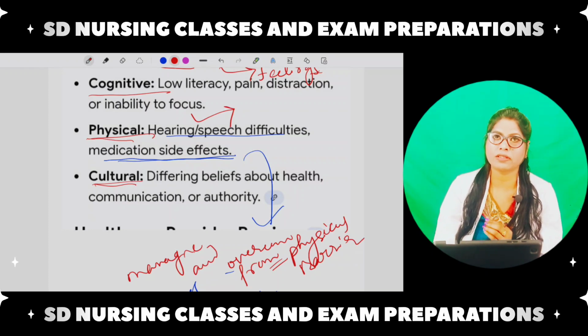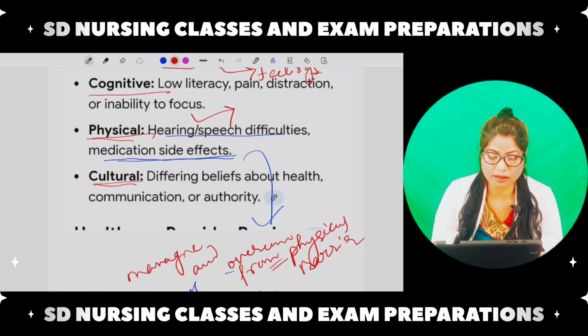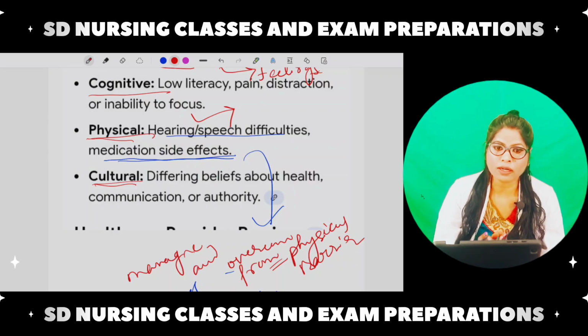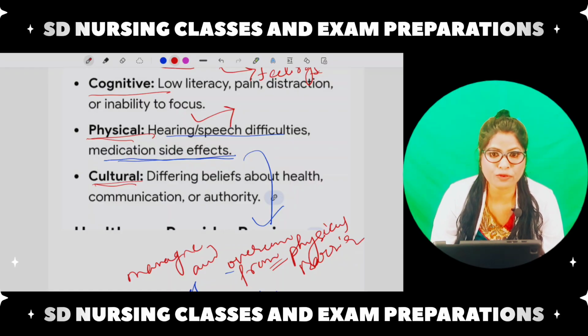First we have to make him understand that, see, whatever you are believing, now you are a patient, you have to take medications properly, then only you will be cured and go to your home. So you should not do like this. If you do not obey, that will be harmful for you.